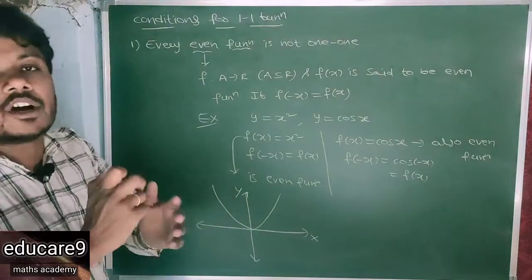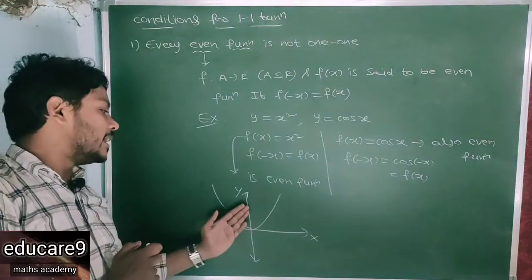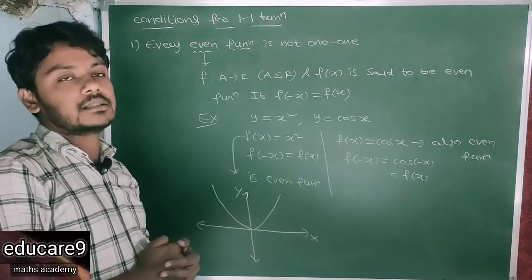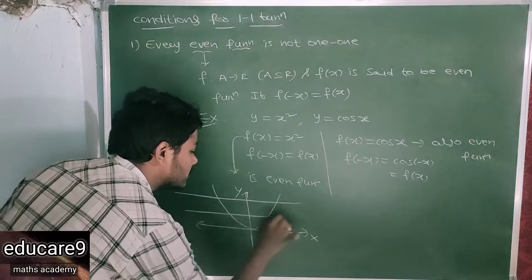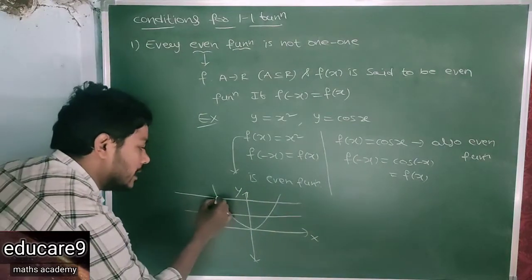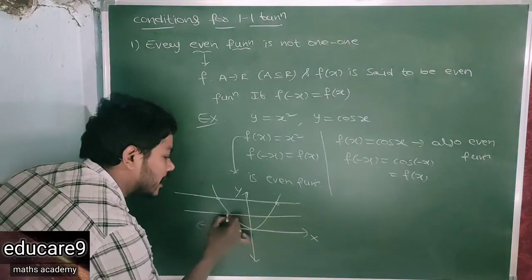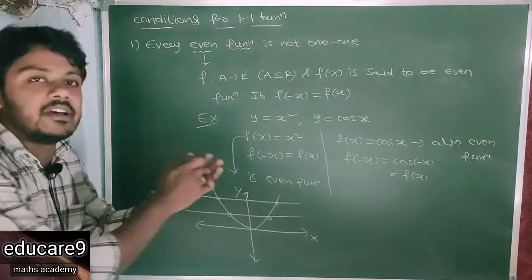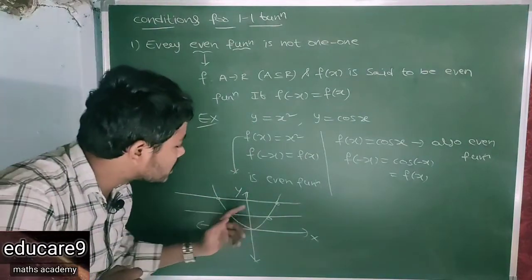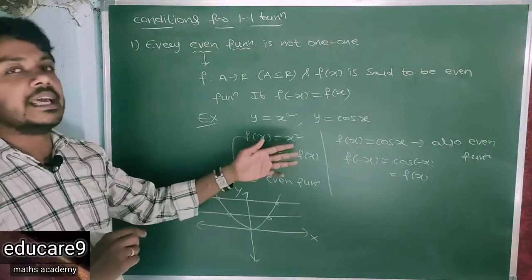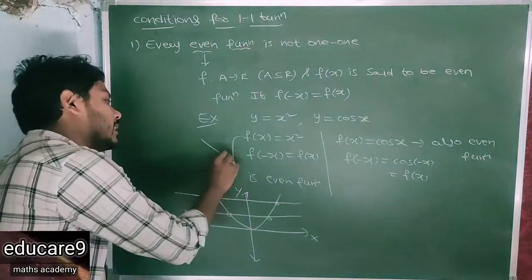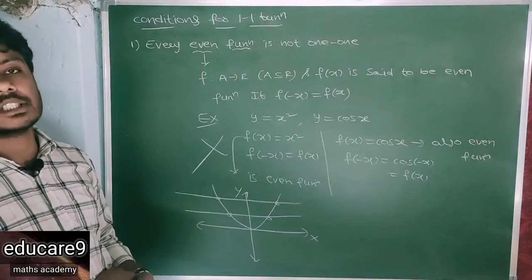Every even function is symmetric about the y-axis. Now draw the horizontal lines. See here, each and every horizontal line touches the given graph at two distinct points. Therefore, y is equal to x square is not a 1-1 function.